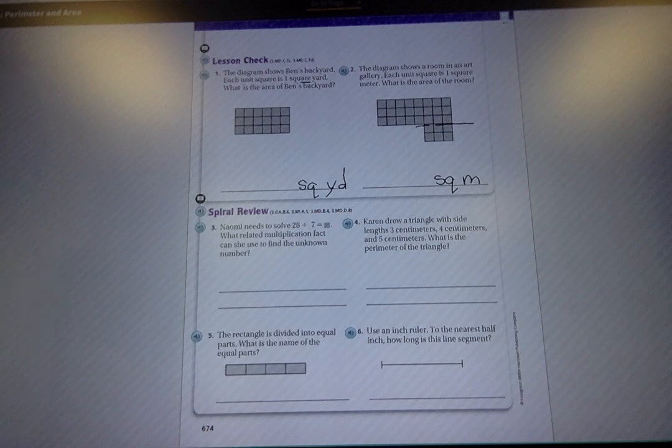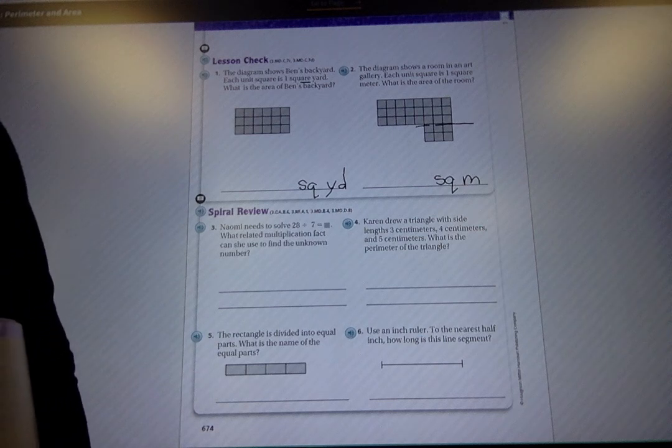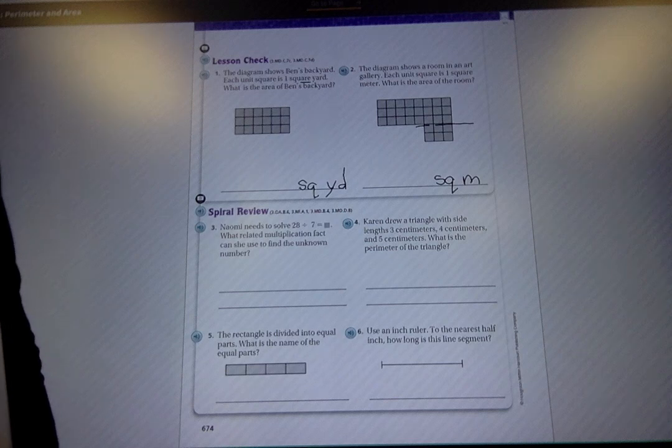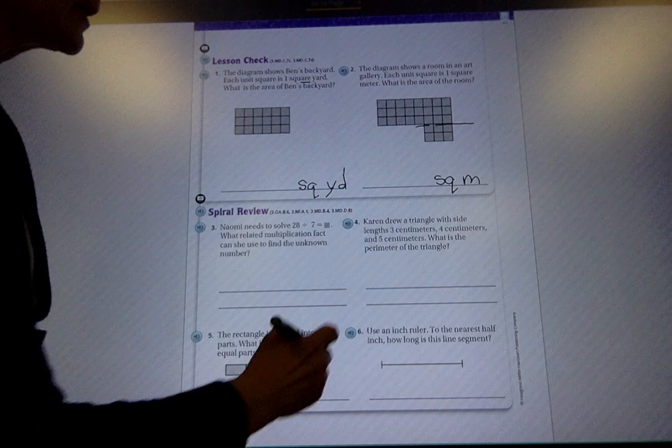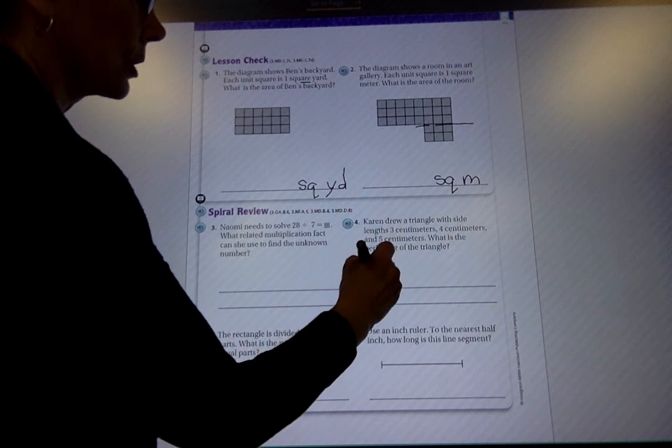Number 3, Naomi needs to solve 28 divided by 7 equals what? What multiplication fact can she use to find the unknown number? Number 4, Karen drew a triangle with side lengths 3 centimeters, 4 centimeters, and 5 centimeters. What is the perimeter?